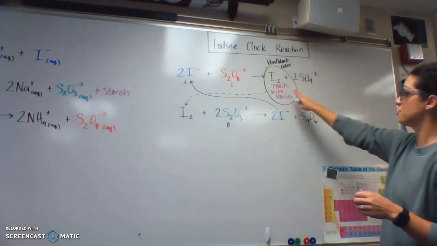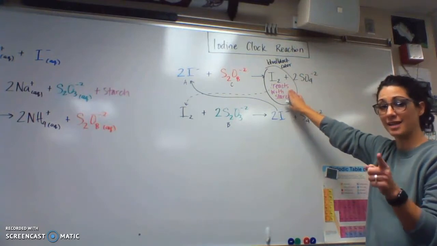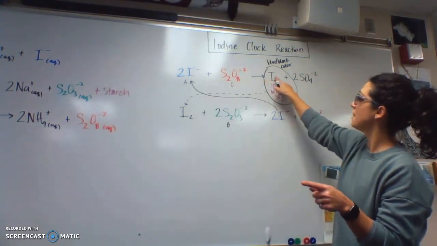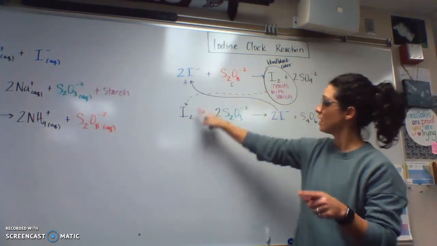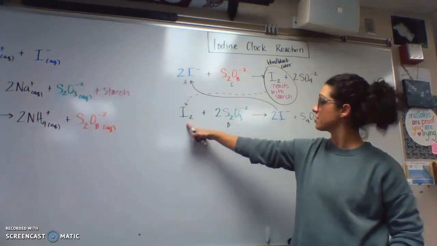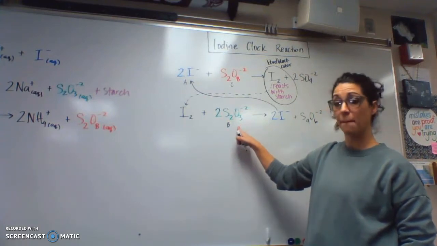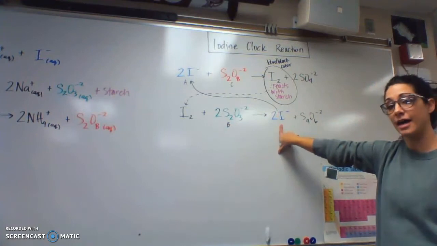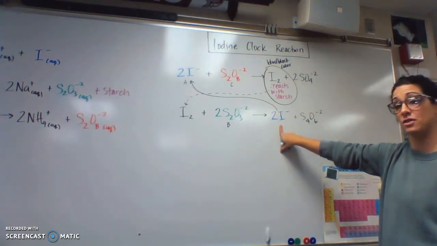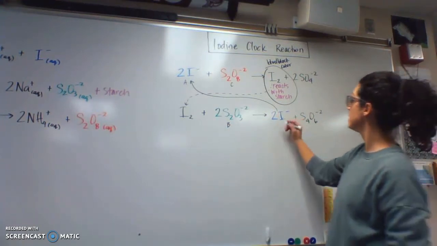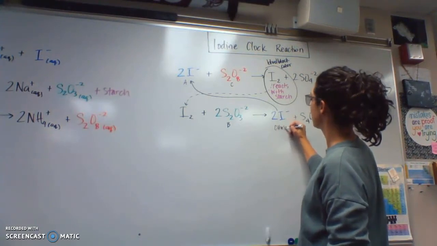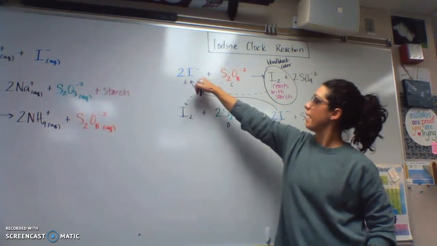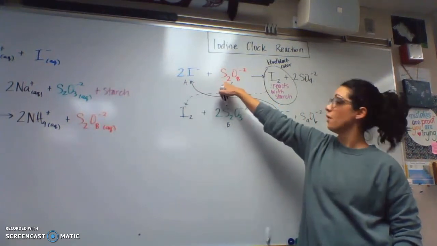So this changes color, but it's not done. The reaction keeps going. The iodine is in a second reaction with the S2O3 -2 from part B. When these two react, it turns back into iodide ions, and the solution is colorless again. Then this goes back and reacts with more of the S2O8 -2.